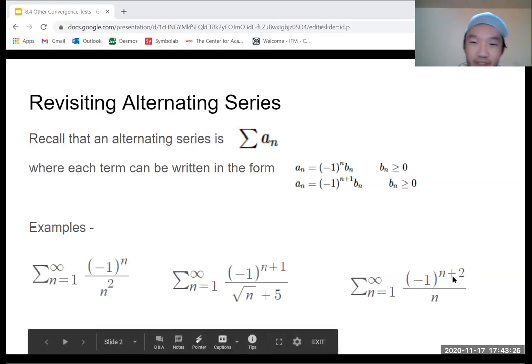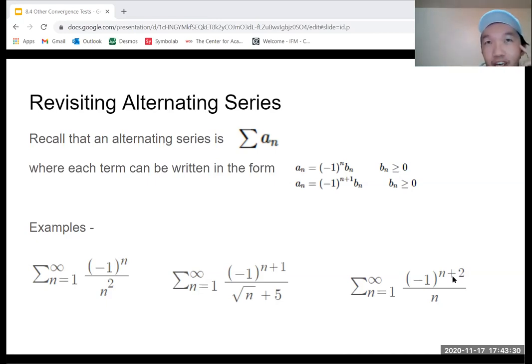It bothers you? Okay. Is there anything you can do to make it look like the forms we have on top? Index shift? Yeah, you could index shift.